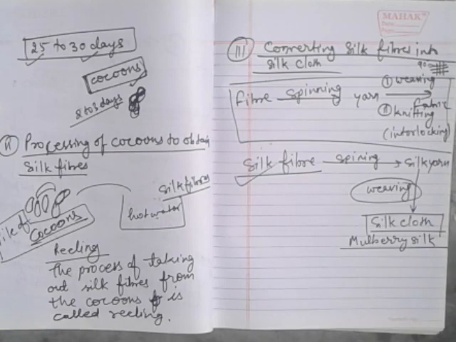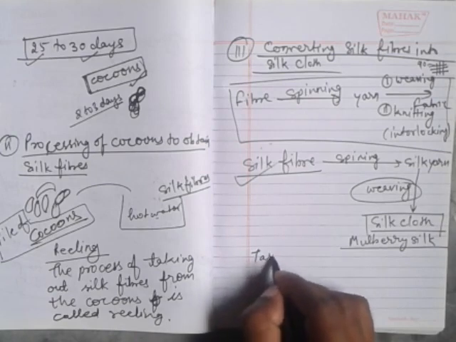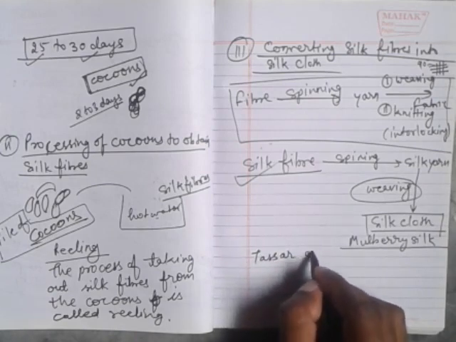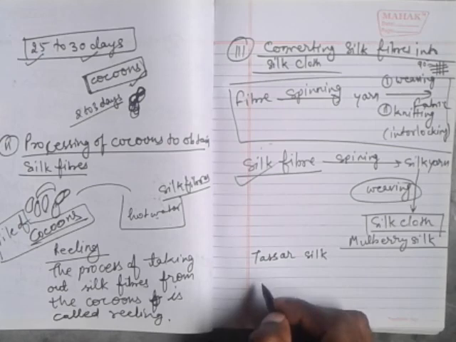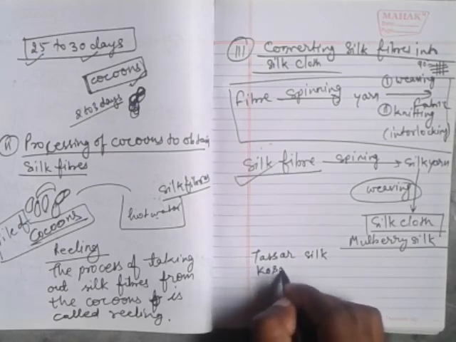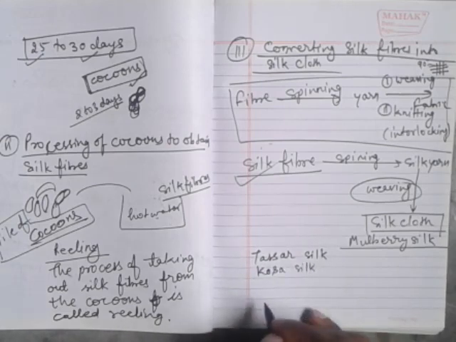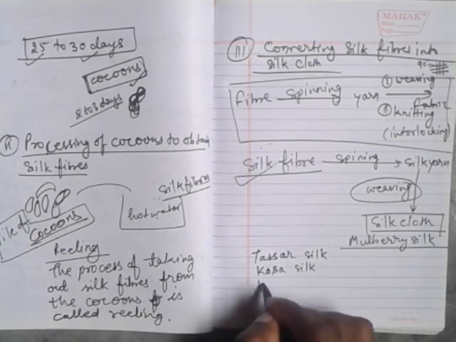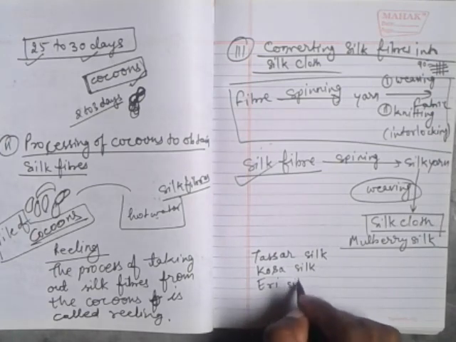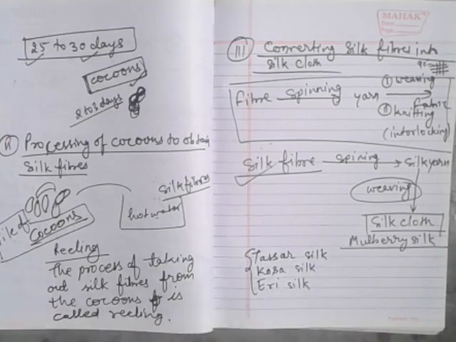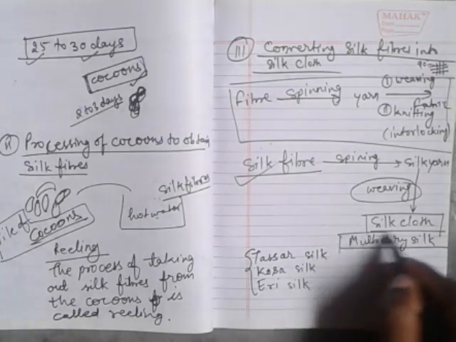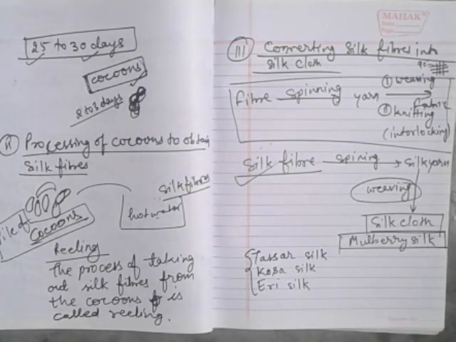Some other varieties of silk are Tasar silk, Kosa silk, Iris silk, etc. These are the other varieties of silk which are obtained from different varieties of silkworms or silk moths. And the most common silk is mulberry silk.